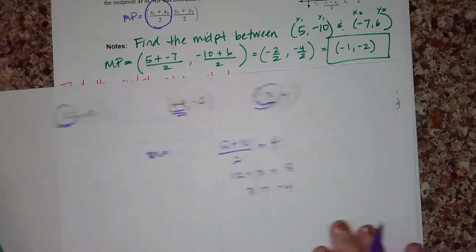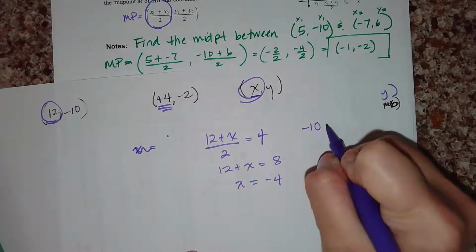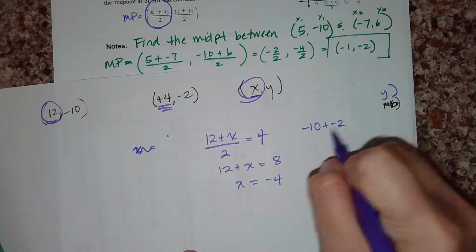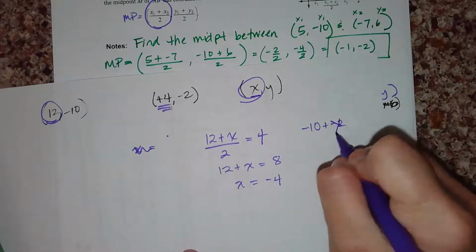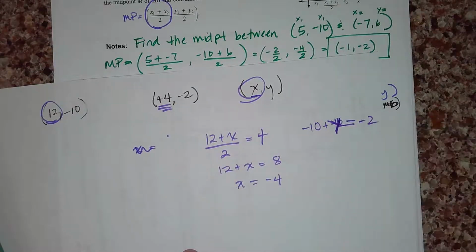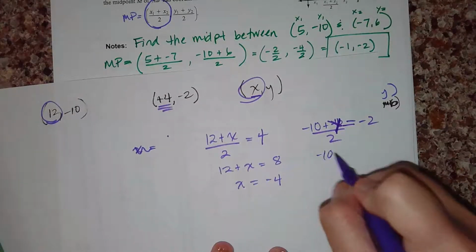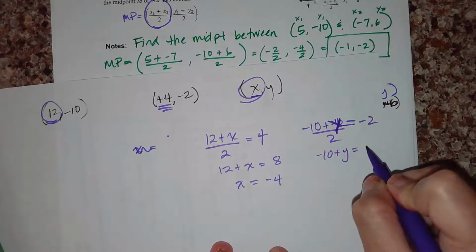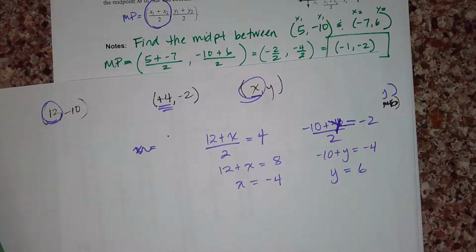And again, it could work with the y's. If I added up -10 and y, it would have to equal the y value of -2. Remember that you're taking the average, so you're dividing by 2. I'd multiply both sides by 2, add 10 to both sides, and I get y equals 6.